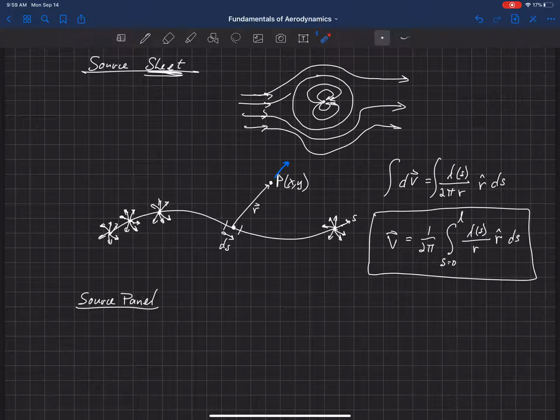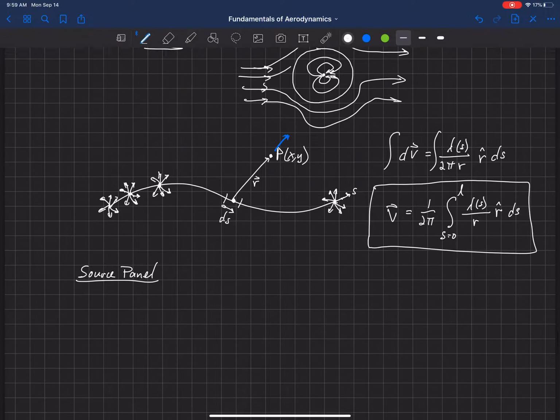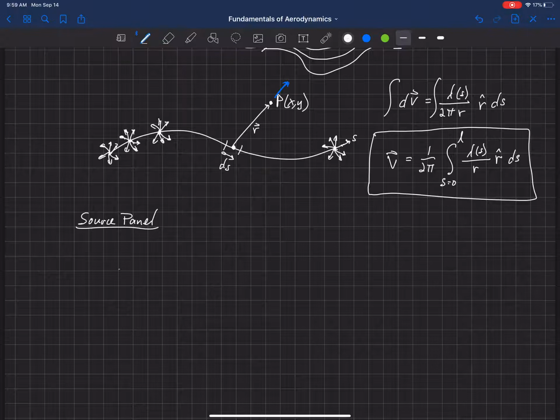But one way to simplify this is to look at a source panel. In essence, we can replicate a source sheet by putting in a number of panels, where these panels are just straight lines, and the strength along each panel can vary.